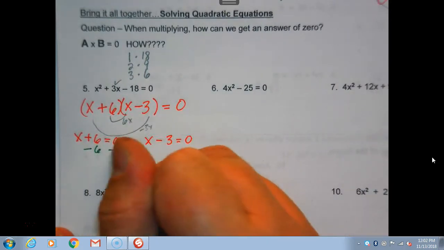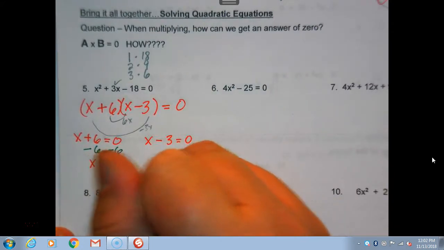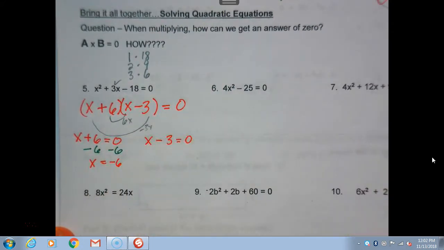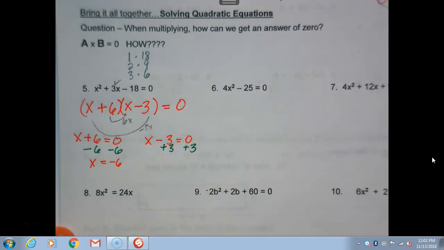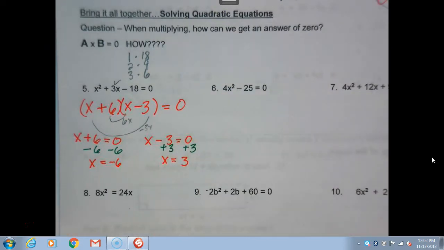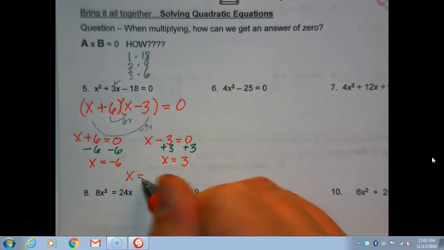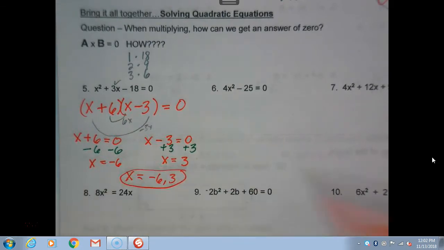Subtract 6 from both sides, I get x equals negative 6. And add 3 to both sides, I get x equals 3. Now, I like to make one statement out of this. You don't have to. X equals negative 6, comma 3. You can leave it like that.